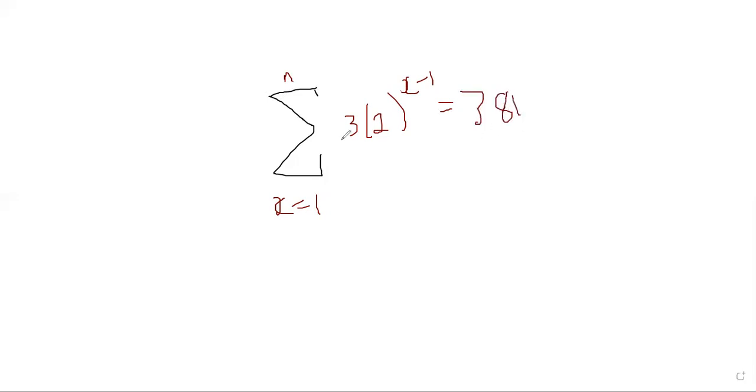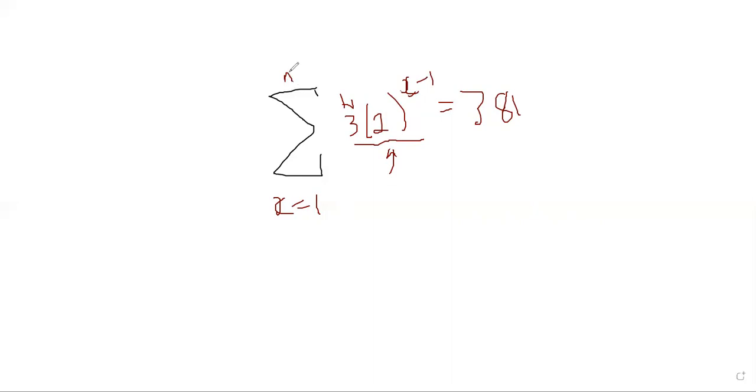They gave you the sum, they gave you the formula. Already by looking at this formula, you can see that this is a geometric sequence, because this represents a, this represents r, and this is n minus 1. I hope that makes sense and I'm not confusing you. The question is for you to determine the value of n.